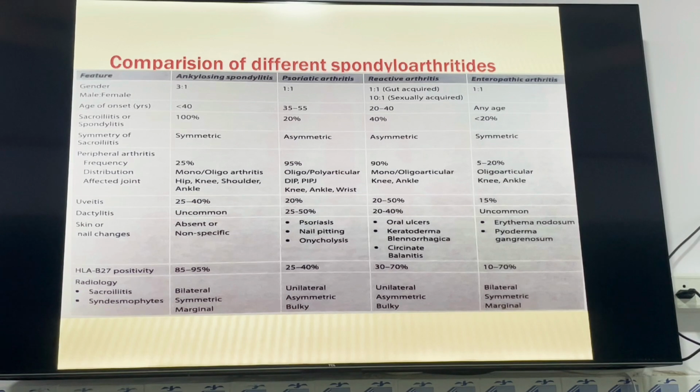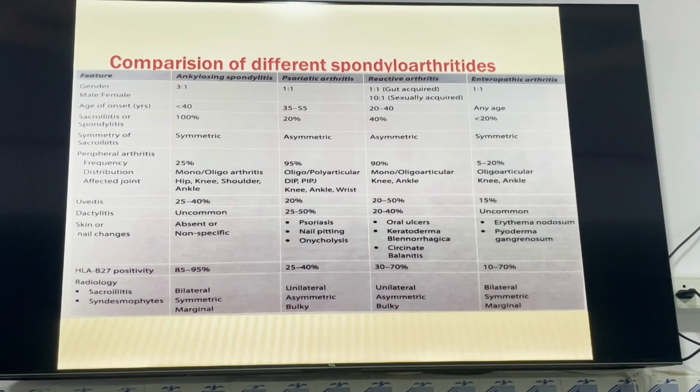So, comparisons of the various spondyloarthritides. Earlier I told you the same thing when I dealt with ankylosing spondylitis. So ankylosing spondylitis, psoriatic arthritis, reactive arthritis, and enteropathic arthritis. Enteropathic arthritis is your IBD. See the psoriatic arthritis especially: gender 1:1, age group 30, 40, and 50 years.